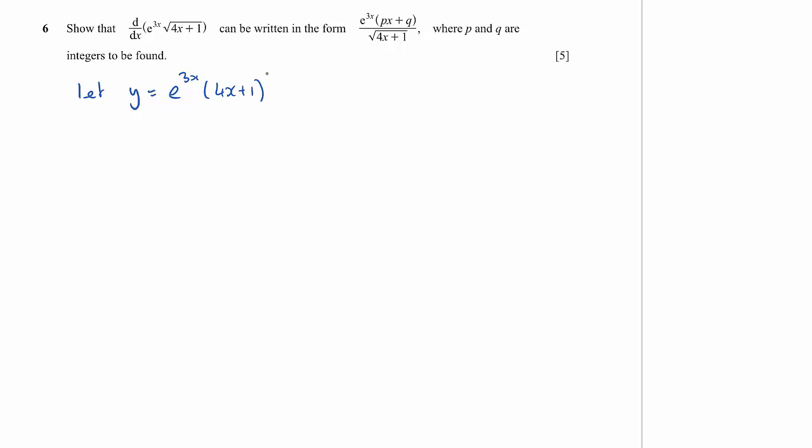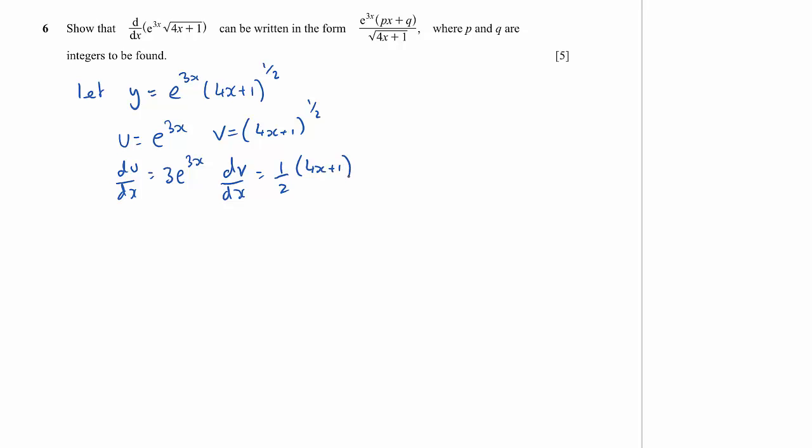4x plus 1 to the power a half. And that's a product. So u is equal to e to the 3x, v is equal to 4x plus 1 to the half. And so du dx is going to be 3e to the 3x. dv dx is going to be a half, 4x plus 1 to the negative a half, and multiplied by the differential of the inside.